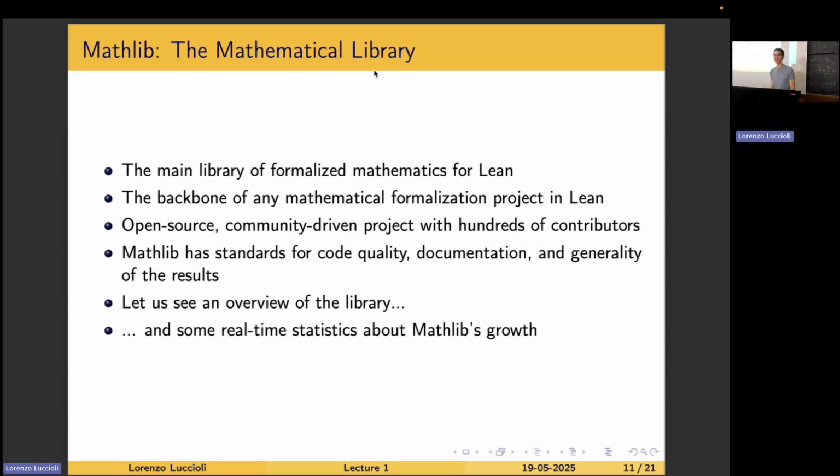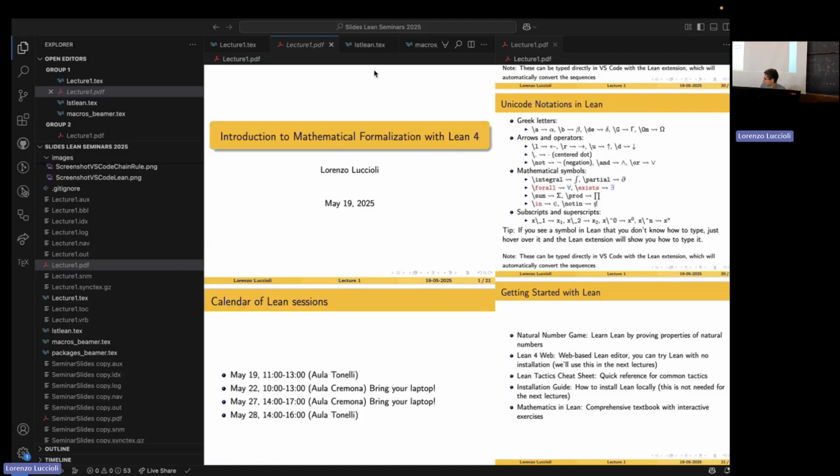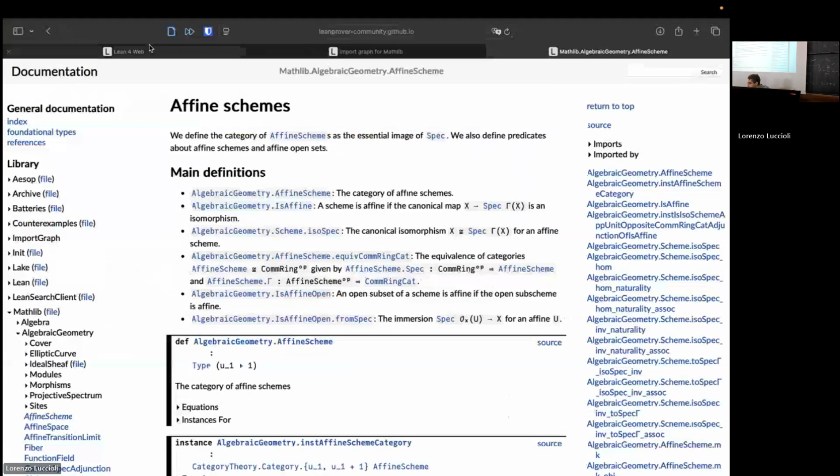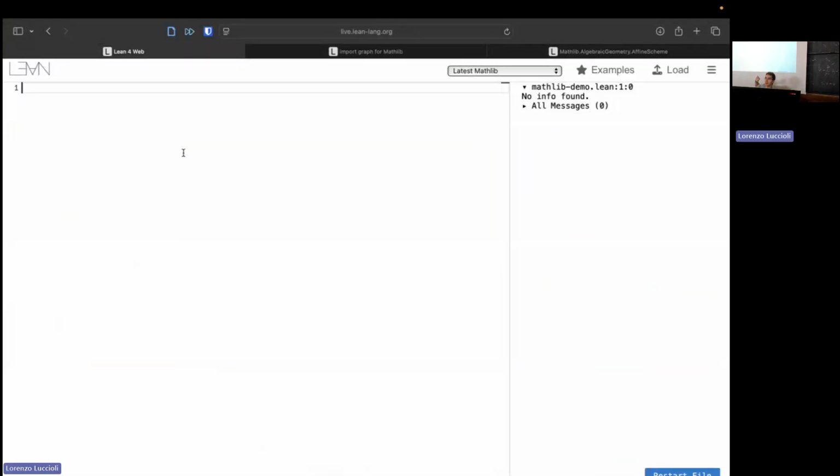And sorry, there's also a distinction between lemma and theorem, right? Basically, I can show you in the interface. That's just the web interface that we're going to use for the second and third lectures. I can write theorem, where x is a real number, and the statement True, which is always true.